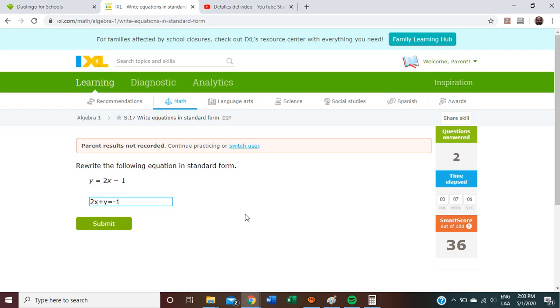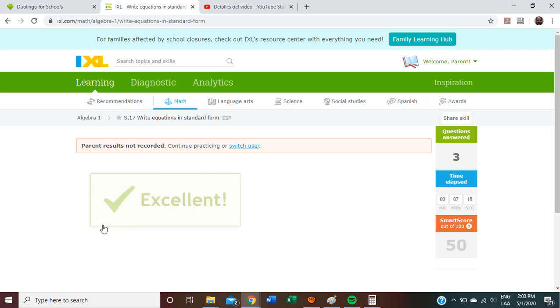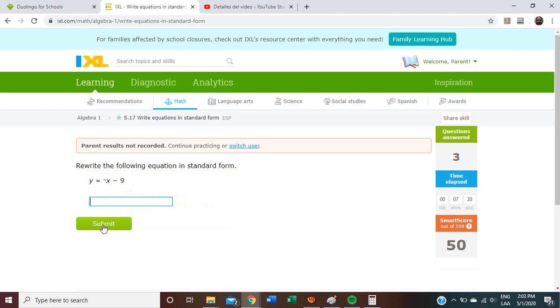So it is going to be positive, negative, and positive. So I just erase it. Okay? Submit it. Remember, we only do that when the number that is multiplying the x is negative. If it is positive, we just leave it like that.